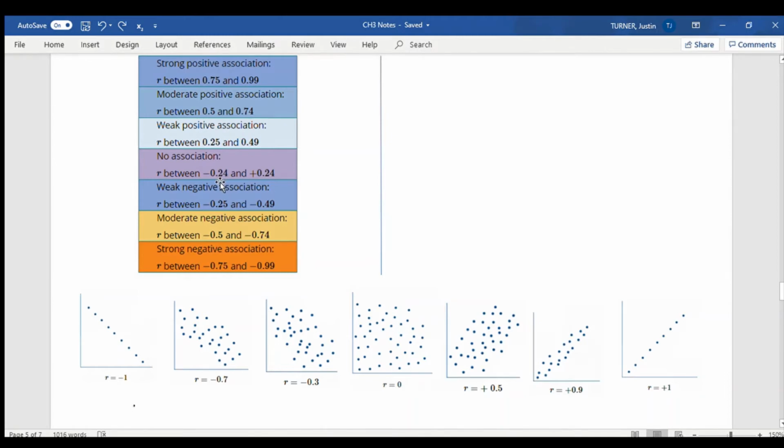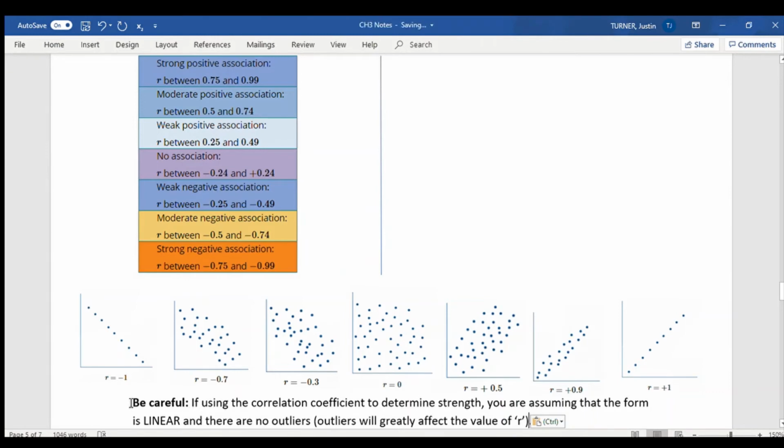If you have between -0.24 and +0.24, you have no association. Weak negative, between -0.25 and -0.49. So this one would be classified as weak negative. Between -0.5 and -0.74 is a moderate negative association. So we'll classify this as moderate negative as well.